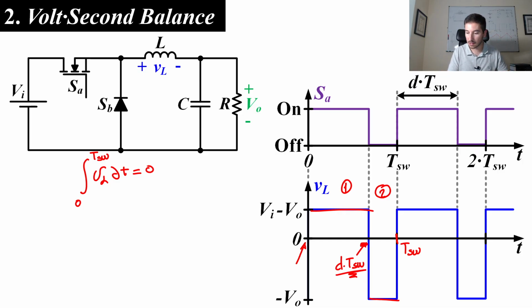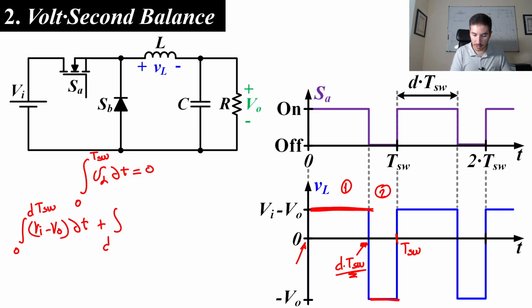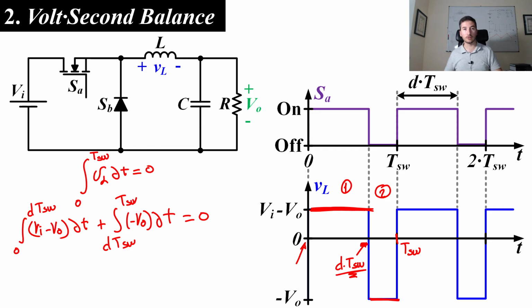In this way, we can split the integral in two parts. One is from 0 to D times T switch, where we have Vi minus Vo, and the second is from D times T switch to T switch, where we have minus Vo, and we know it must be equal to 0.